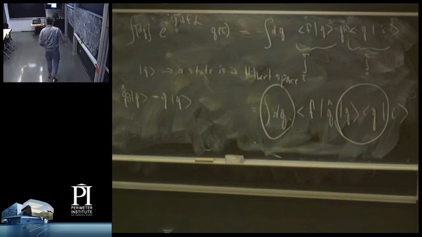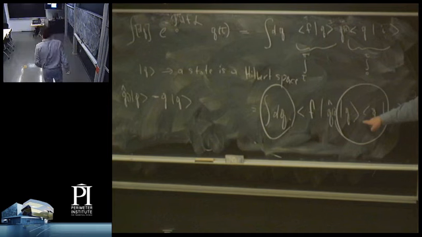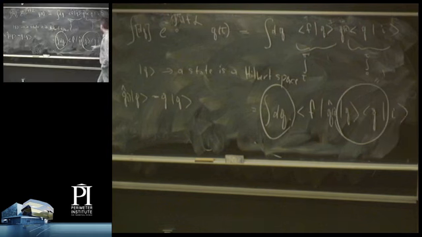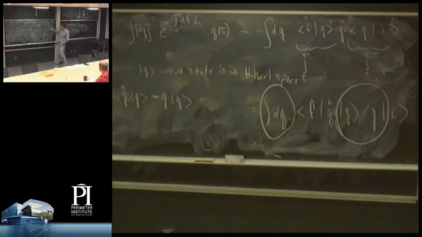To be more precise, this is actually an operator that would depend on this time tau. But I can perform this integral, and this integral gives me 1, much like in the case there.